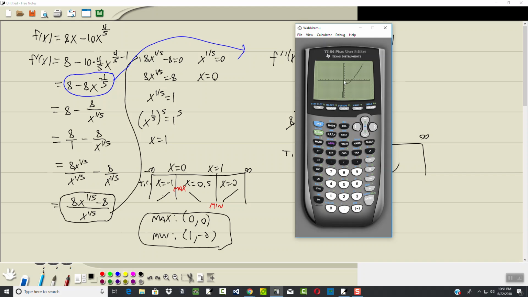Increasing, hits this point here, then it's decreasing, and then hits this point and changes to increasing. Okay, max is 0, 0. I could buy that. Min is 1, negative 2. I could buy that. I can't really see the concavity from it, but that would be your graph.